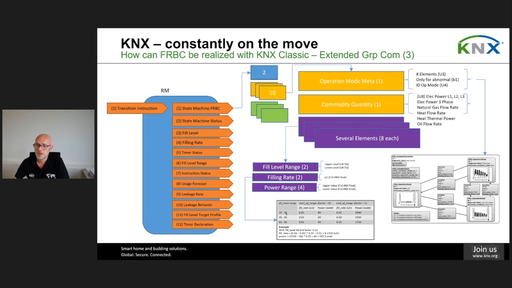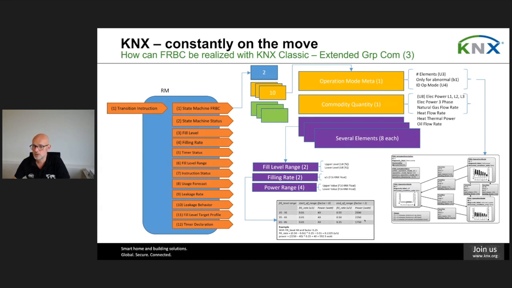So, for instance, when the storage is 15 to 35% full, the fill rate in watts, in this particular case, watts per second, is 0.001 when you insert 40 watts, and the fill rate is 0.55 when you insert 2500 watts.